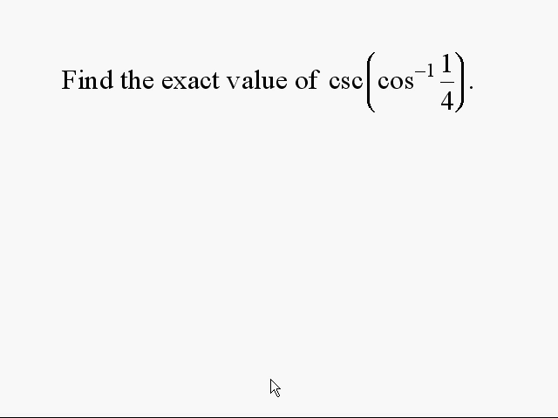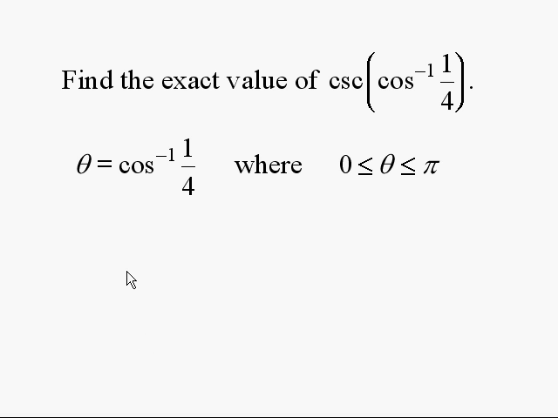Here's another example. This time we'll tangle up the trig function's cosecant of cosine inverse of 1/4. Cosine inverse of 1/4. So we want to keep track of an angle whose cosine is 1/4. I don't know numerically what that angle might be, but I can figure out what it ought to look like.